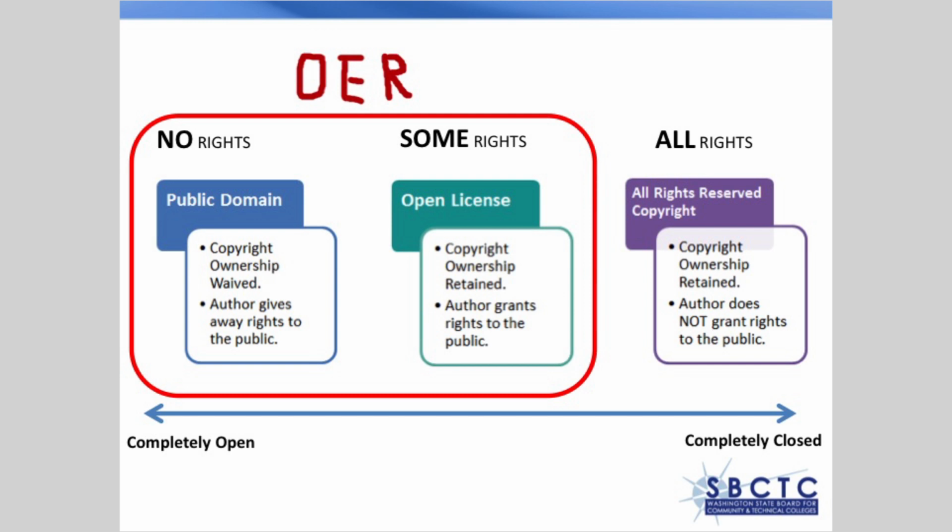Copyright ownership is still retained and the author simply grants rights to the public. Public domain work and openly licensed work are called OER. Does that help? So that's the relationship of these three ways of sharing knowledge.